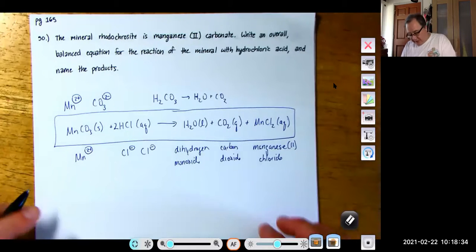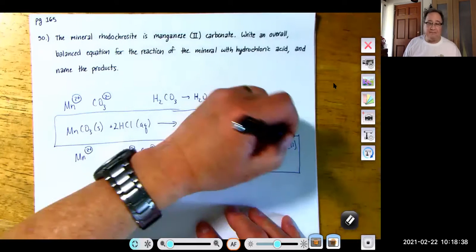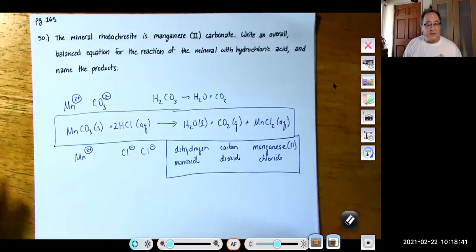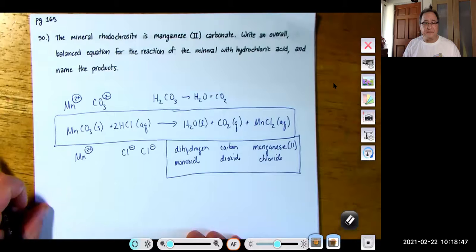So I guess I need to put my little square around that too, because it does say to name them. Are we good to go on that one? Yeah. Okay.